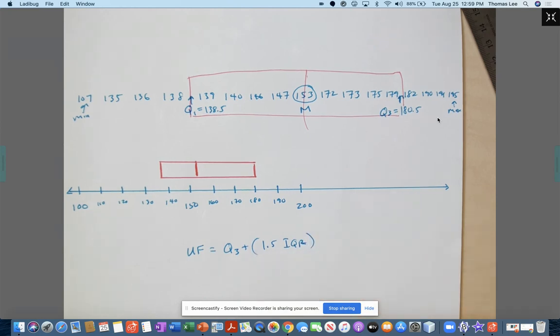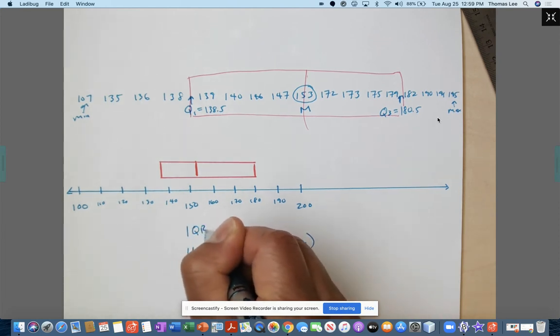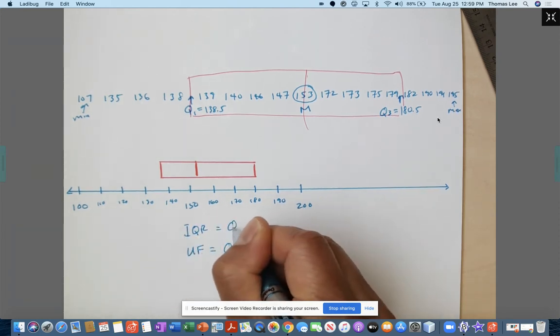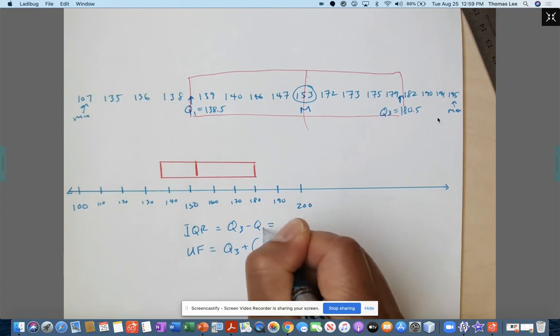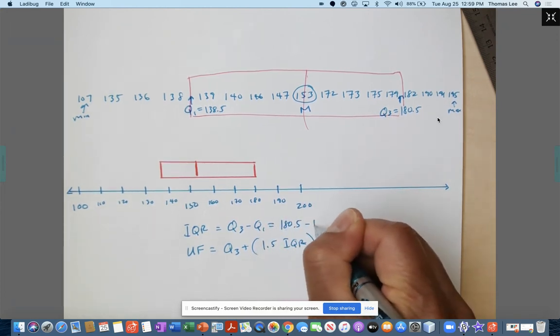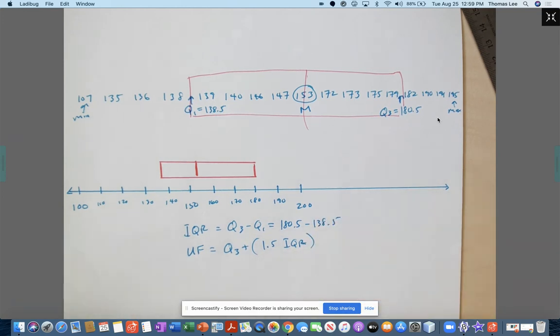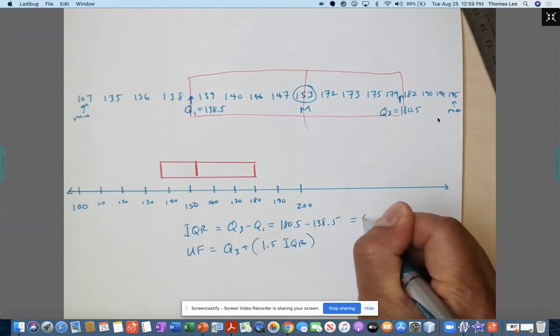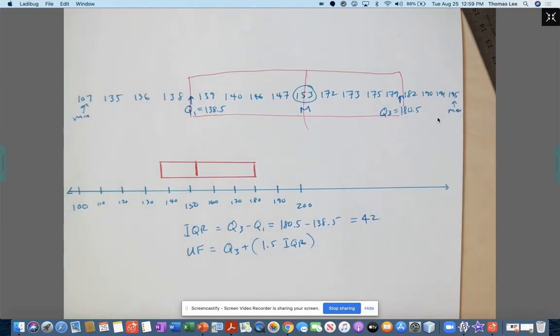Okay, and so my IQR is Q3 minus Q1, so 180.5 minus 138.5. Okay, so my IQR is 42 units, or 42 calories, right?